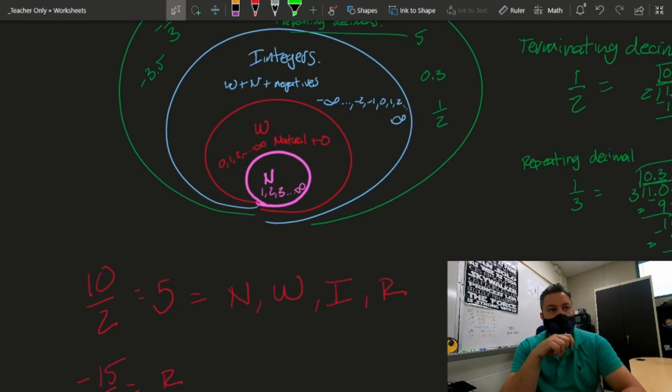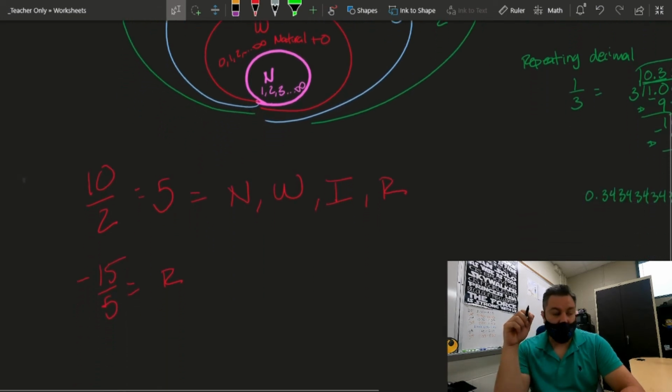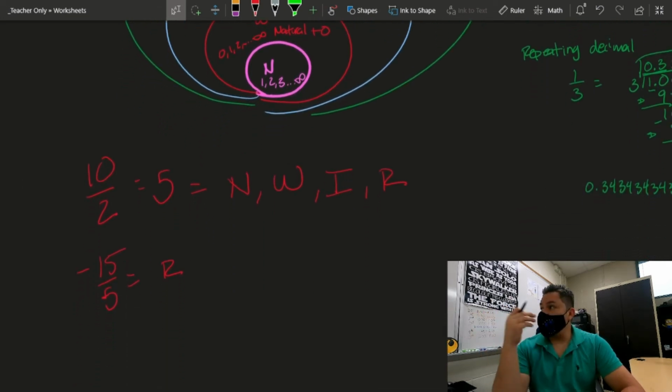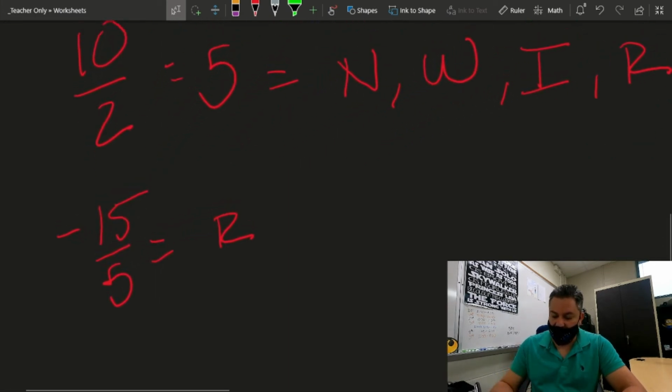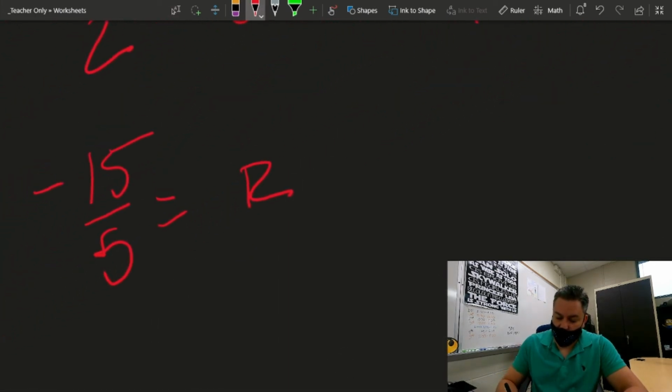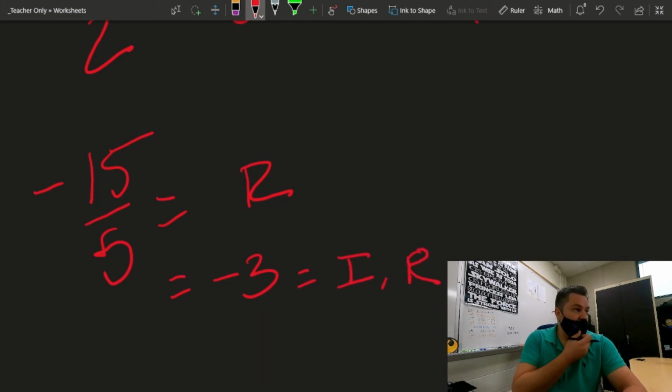Then rational. Can we simplify? What will we get if we simplify? 3. Positive or negative? Negative. So this is the same thing as negative 3. So now where does that go? That's an integer and rational only.